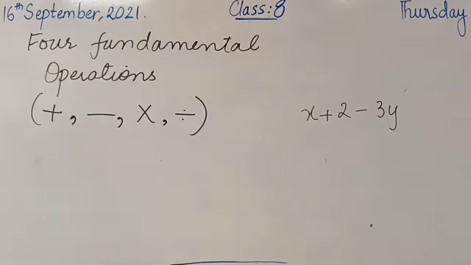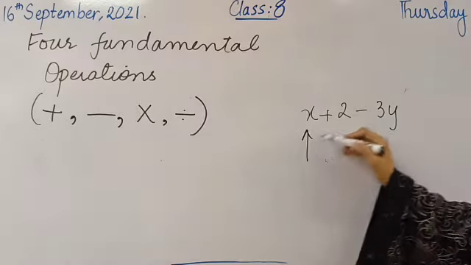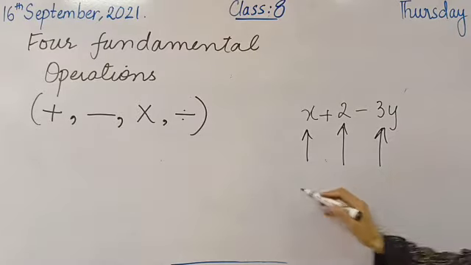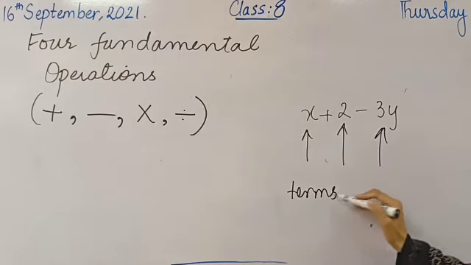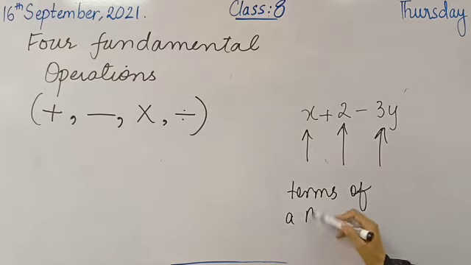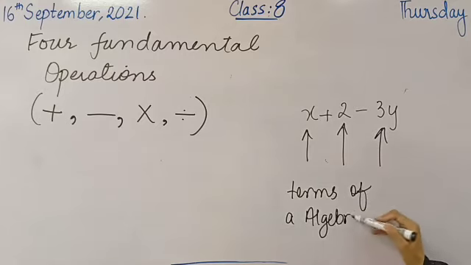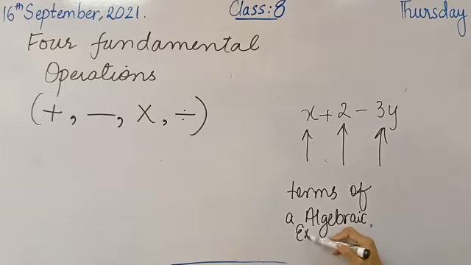Okay? If we see them individually like this, this and this, these are the terms of an algebraic expression. When we combine different terms with addition, subtraction, multiplication and division, an algebraic expression is formed. Is it clear?